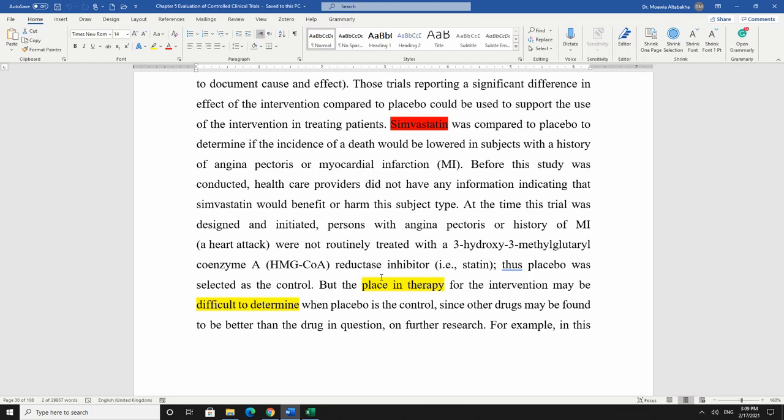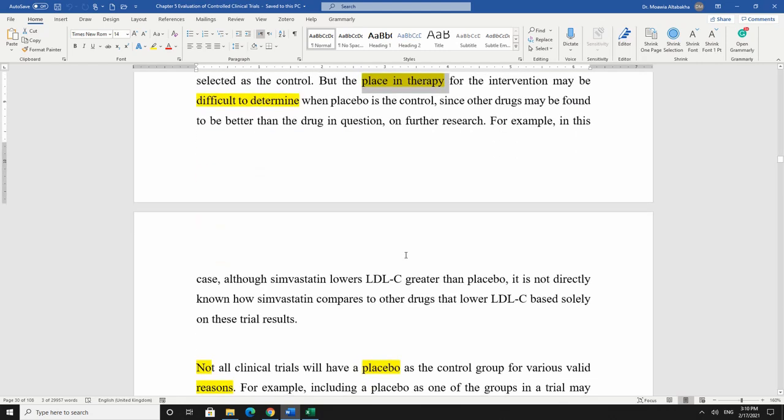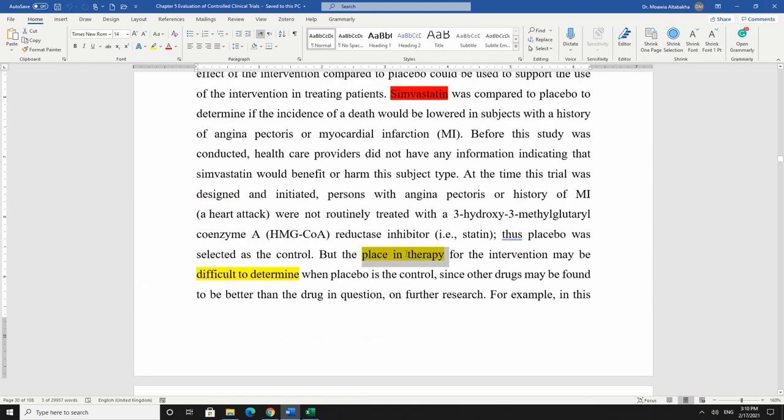But why should prescribers change the drug they are using for their patients? They tell you, well, you don't have any proof that it's better than what I give to my patients. So you are not able to determine what is the place of your drug in the market.